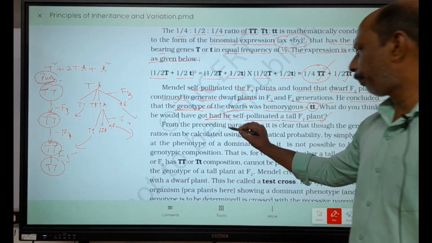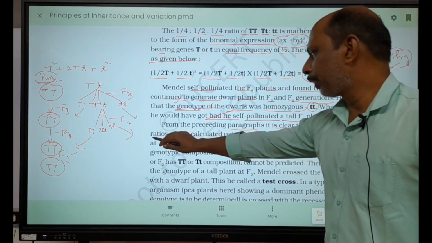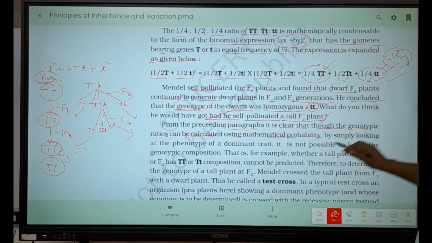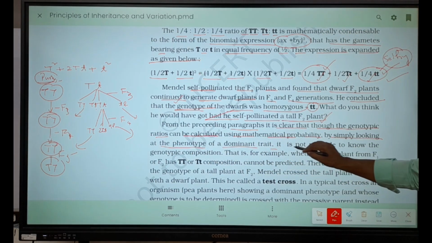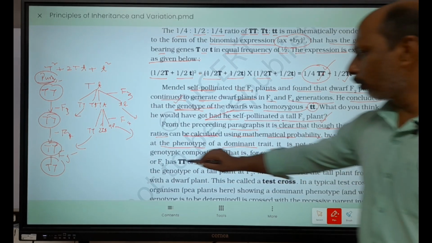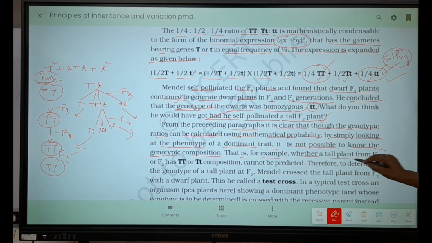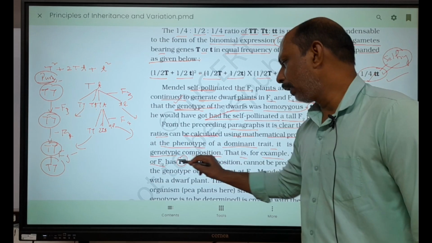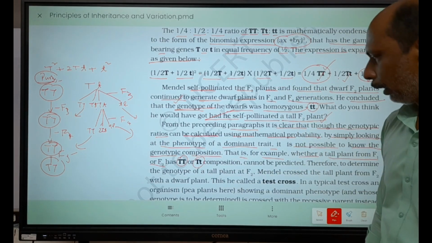From the preceding paragraph, it is clear that though the genotypic ratio can be calculated using mathematical probability like this, right? By simply looking at the phenotype of a dominant trait, it is not possible to know the genotype composition. That is, for example, whether a tall plant from F1 or F2 has capital T small t or capital T capital T. We cannot get that, right?